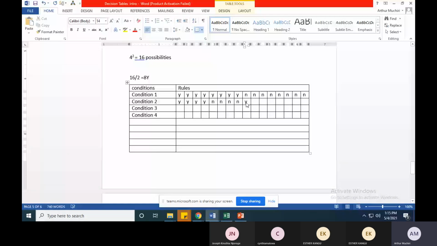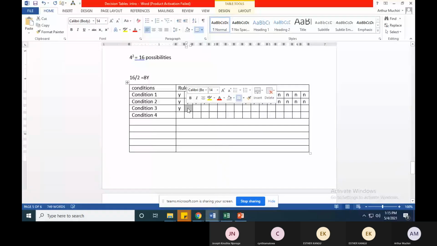Then also we say yes, yes, yes, yes, 4 yeses, and then no, another 4 times. We divide again, until it gets to yes, no, yes, no. That's when you're going to stop. So this one, how many yeses?